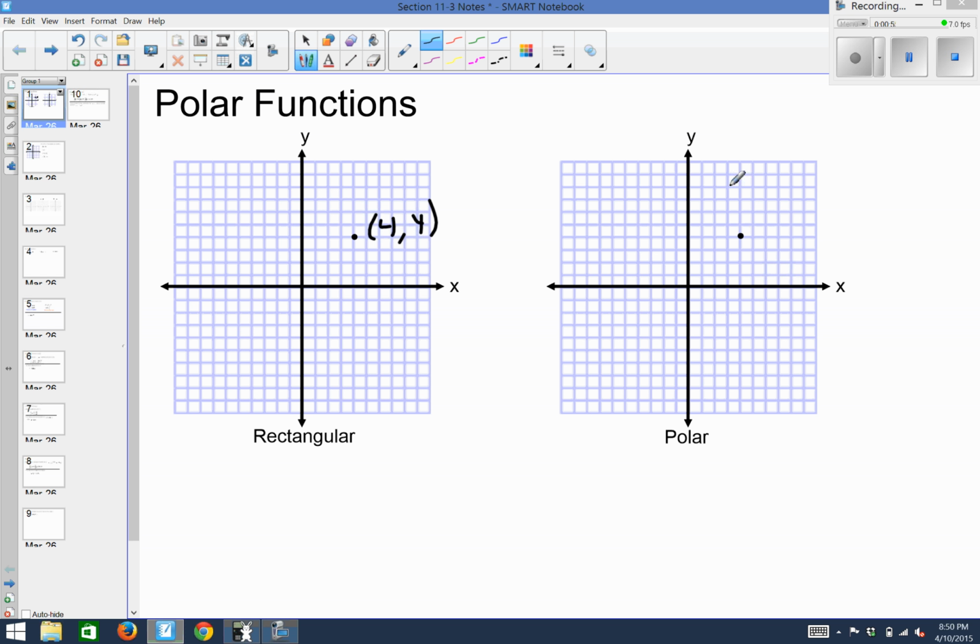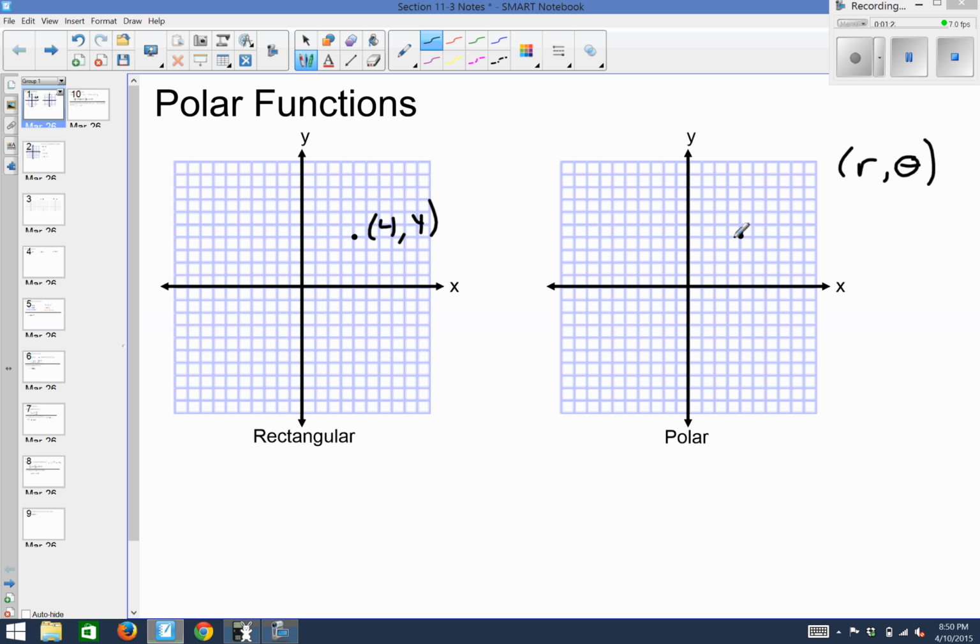You notice my axes are still x and y, but now to define how we get there, instead of saying go this far left or right and this far up and down, which is what rectangular does, we say I want you to go a certain distance r at a certain angle theta. And r is always the distance measured from the origin. Theta is always measured from the positive x-axis counterclockwise, like in the unit circle.